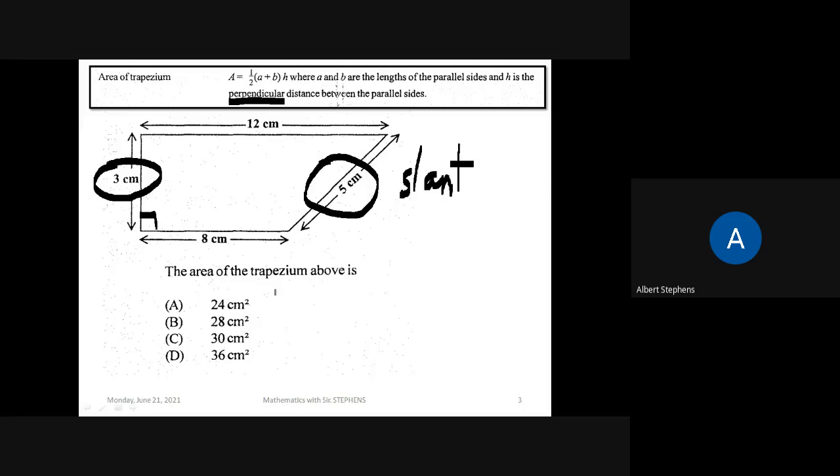All right. So we have area equals a half multiplied by the sum of the parallel sides, which is 12 plus 8, times 3. All right.